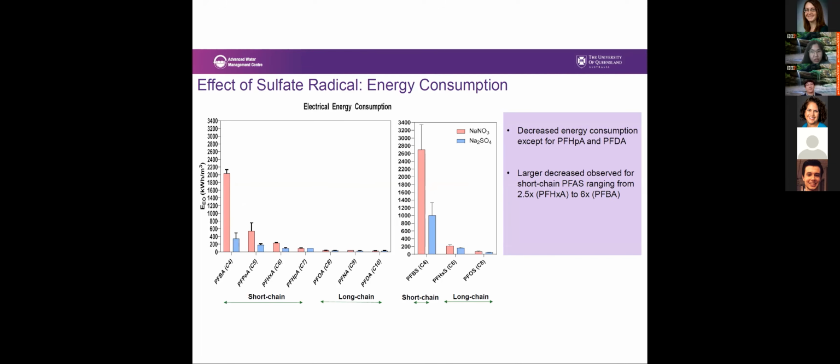Particularly, we observe that there is a big decrease in energy consumption in the shorter chain PFAS, again for the C4, C6 here for the PFDAs, and then for PFBS here. However, we observe a slight increase in the energy consumption for PFHpA and for PFDA.